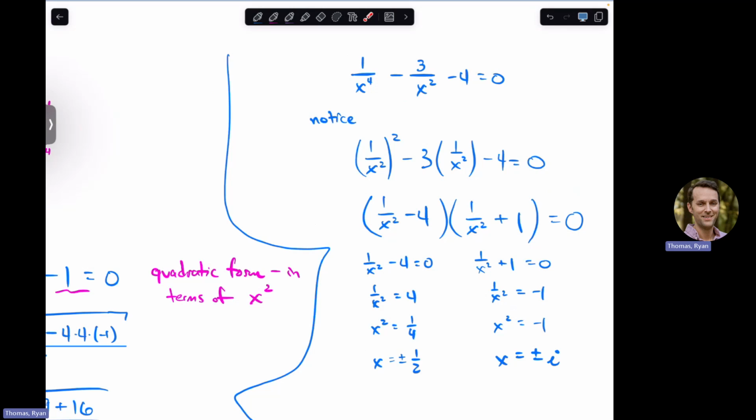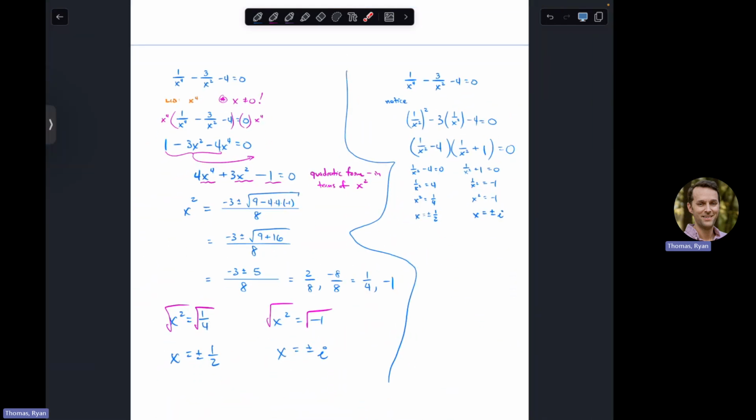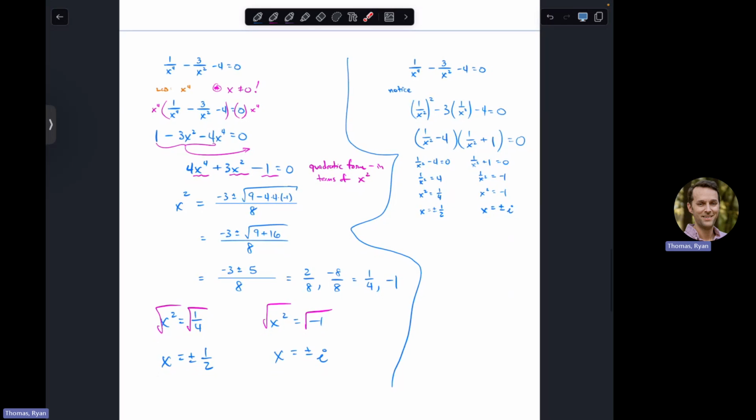We'll do some more with this next week where it's maybe a little more apparent from the beginning that this is a technique we might try, but that's what it would look like here. Again, either way is perfectly fine. You don't have to do it one way or the other. So kind of whatever makes more sense to you.